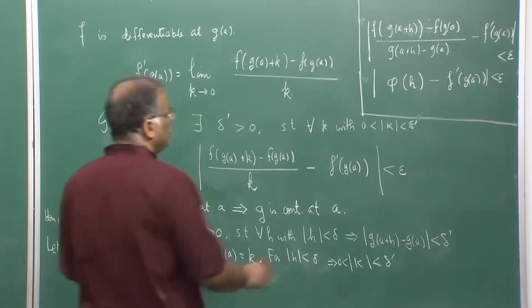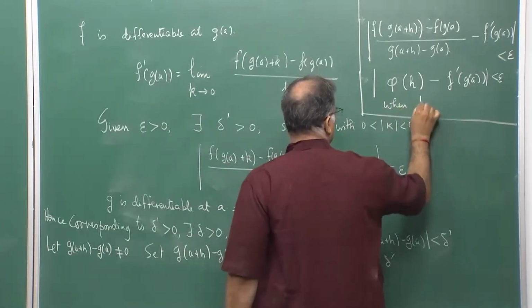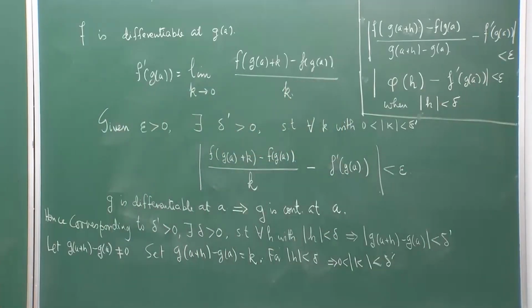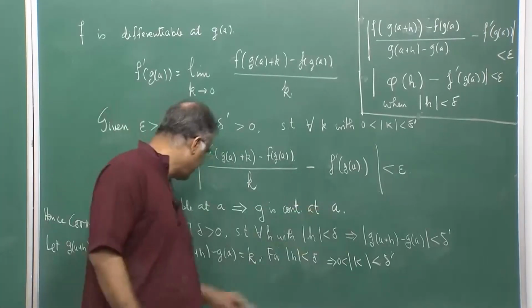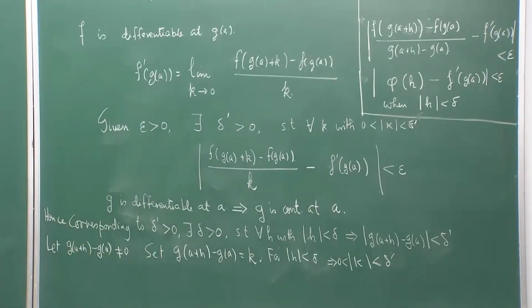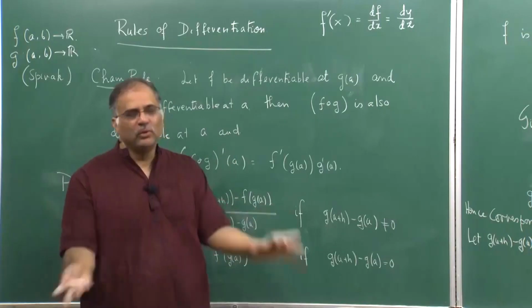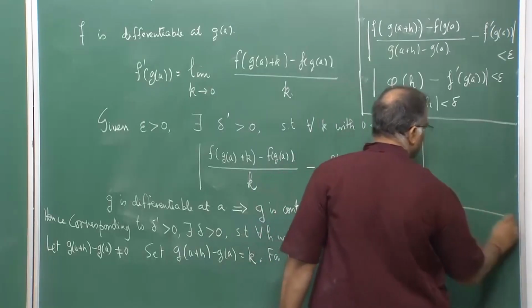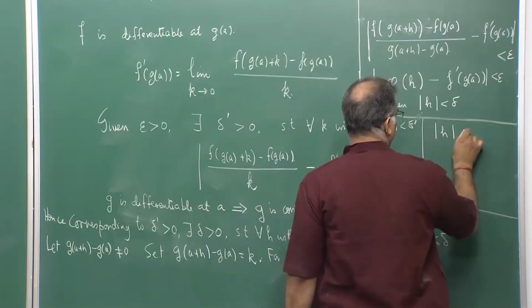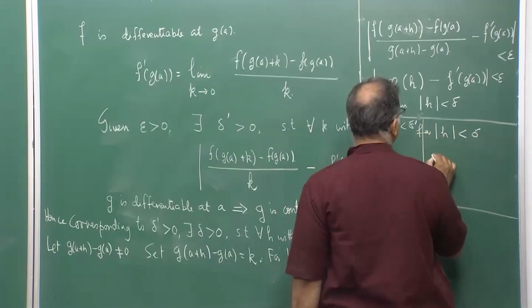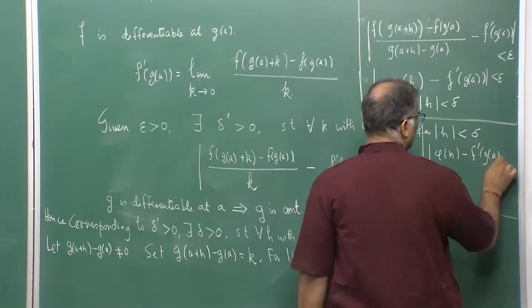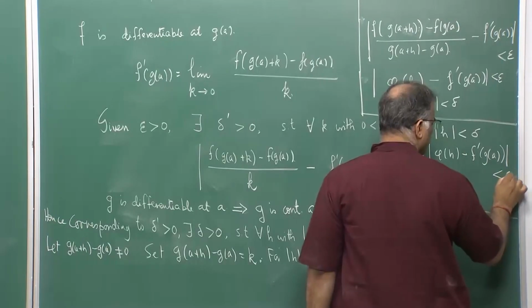So this is true whenever h is tending to 0, and this can be made smaller and smaller. Now if g(a+h) minus g(a) is equal to 0, I have already defined phi(h) as f dash of g(a). So their difference would be 0 and less than any epsilon that you choose, because epsilon is positive. So for |h| less than delta, |phi(h) minus f dash of g(a)| is strictly less than epsilon.